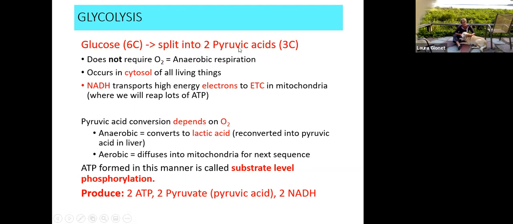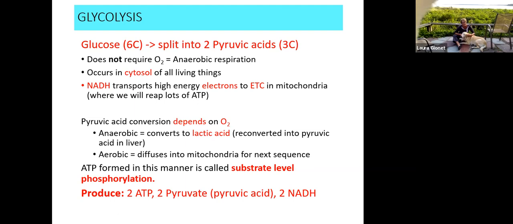So you end with 2 3-carbon chains called pyruvic acid or pyruvate. Pyruvic acid conversion depends on oxygen. If we have oxygen at the end of this process, then this pyruvate is going to go to the next phase within the mitochondria. If we don't have oxygen and we follow an anaerobic pathway, it's going to convert that pyruvic acid into lactic acid.